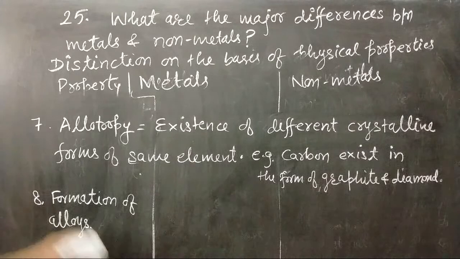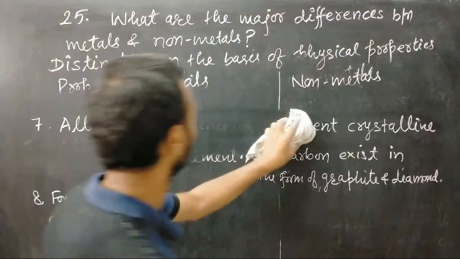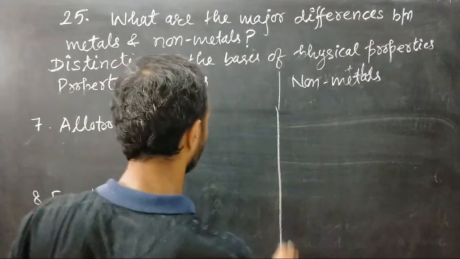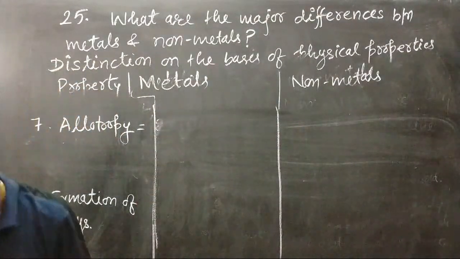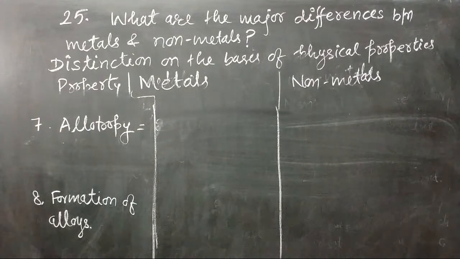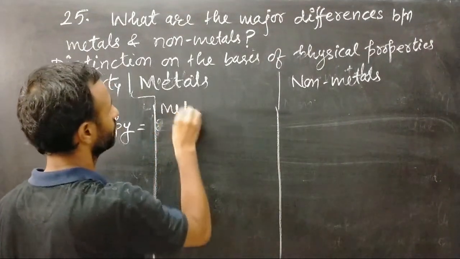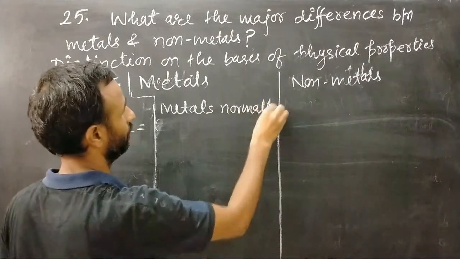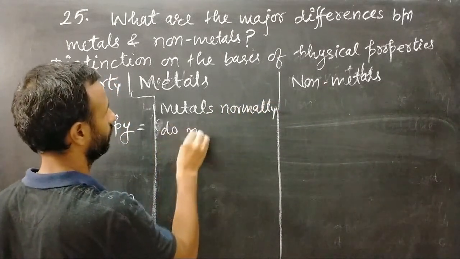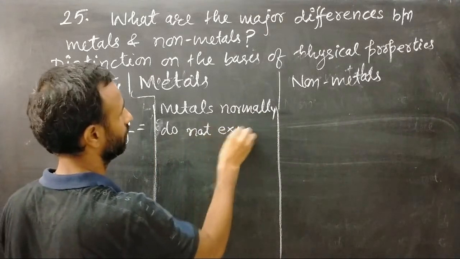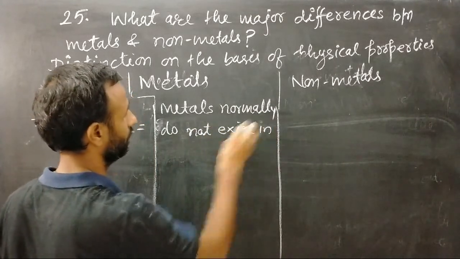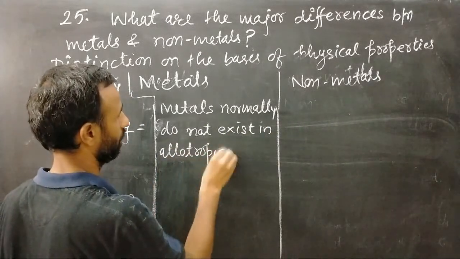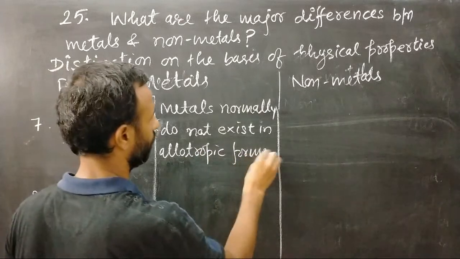So tell me, allotropy, so metals normally do not exist in allotropic forms.